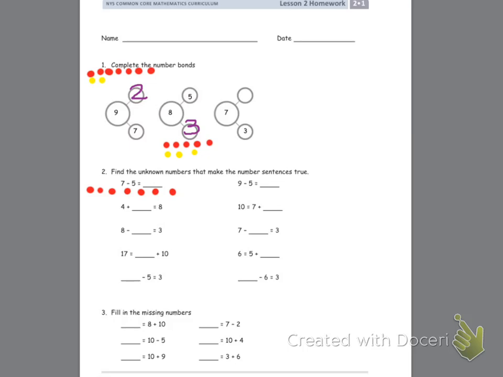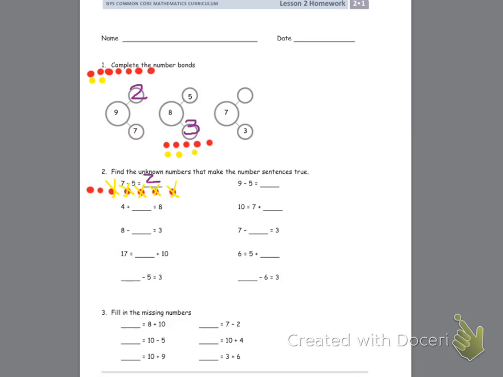When we subtract, we get less. 7 minus 5. 1, 2, 3, 4, 5. Whatever number of circles are left that are not crossed out, that number is written on the line. 7 minus 5 leaves 2 remaining.